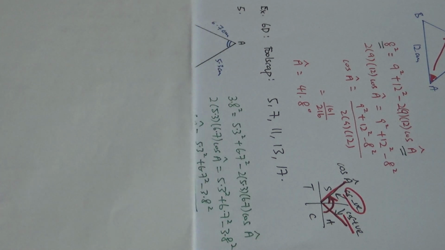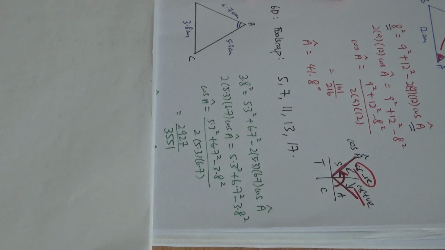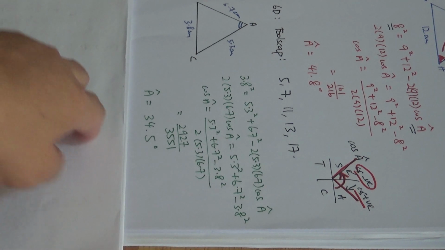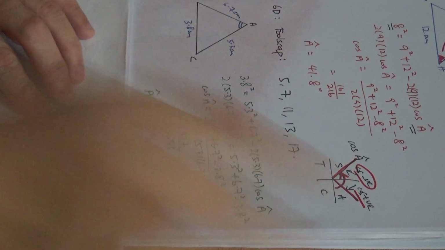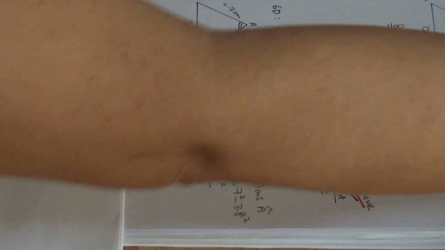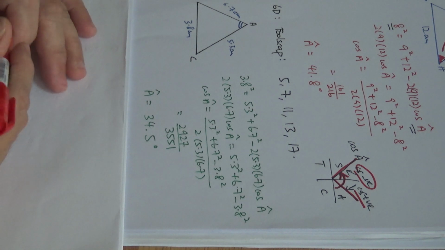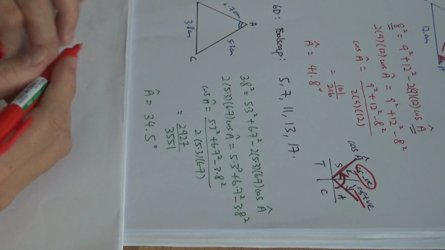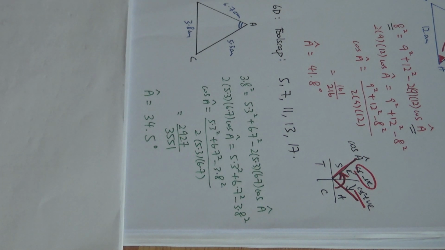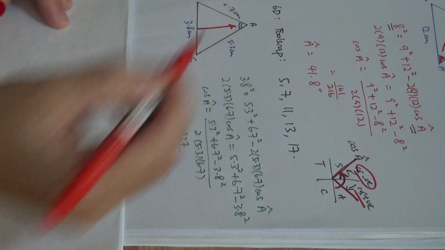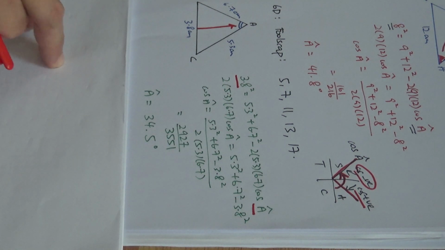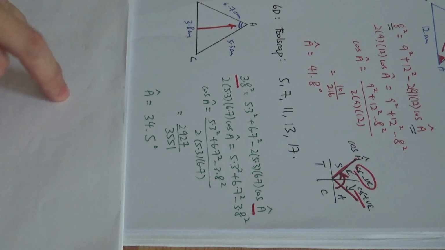Okay, now I'm going straight to question 5. This is the answer to question number 5. Question number 5 requires you to find the size of the smallest angle, and the smallest angle will be the angle that is opposite the shortest side, which in this case is A. Make sure this and this are opposite each other, and then you do the necessary calculation.